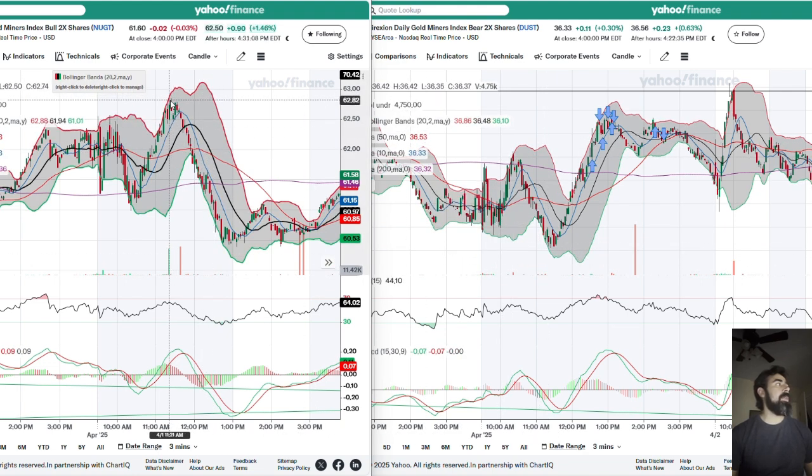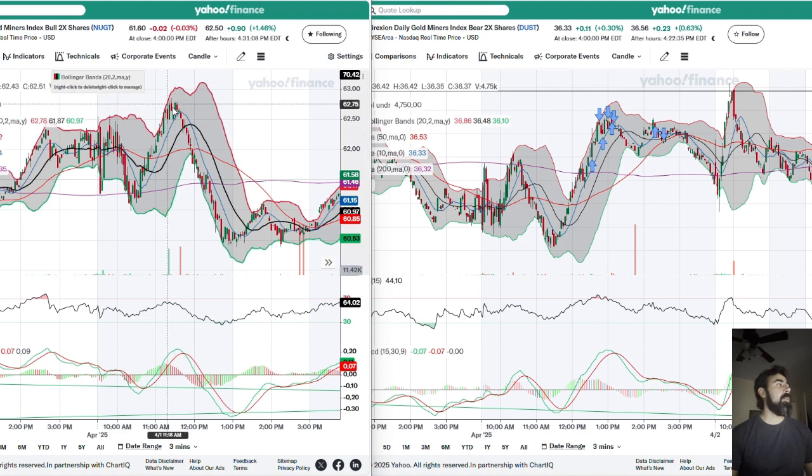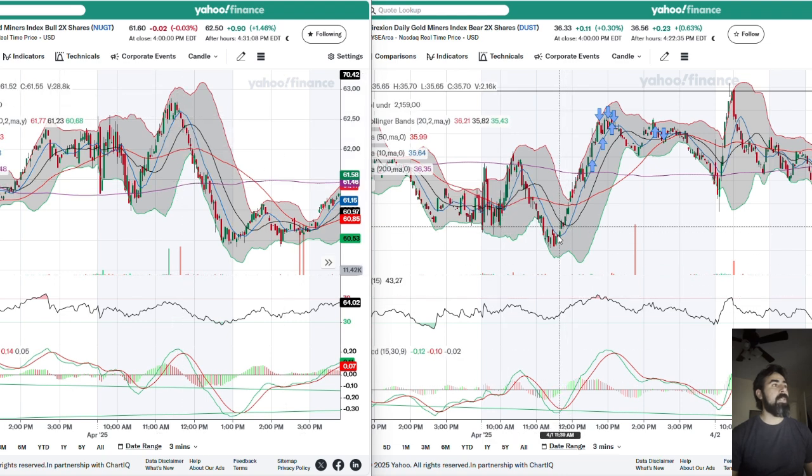So after hitting the peak on Nugget, it had a long descent, and there has to be some indicator over here that I can find that is equivalent to an indicator here to enter for that long. They're both 2 times leverage, so they should be moving mirror image.